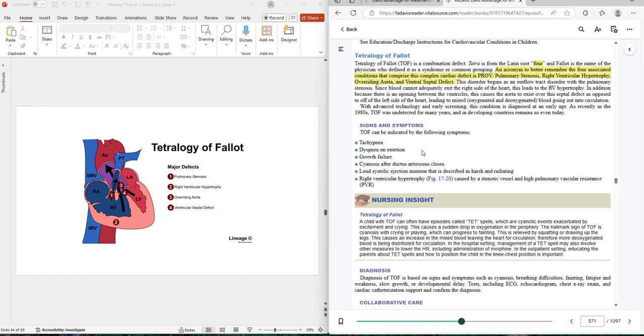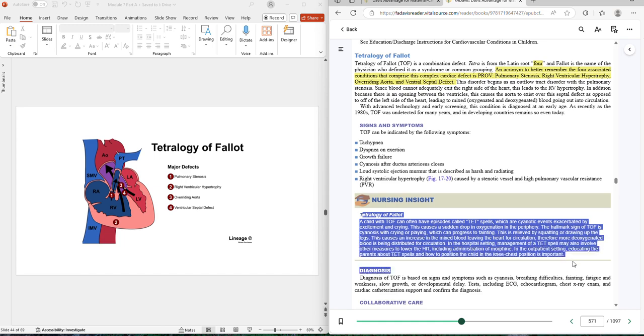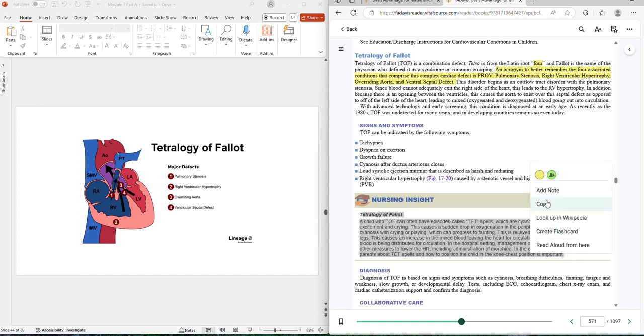These are our TET babies. They have what we call TET spells, winks and lollipops here. They have this, the telltale sign of TOF, tetralogy of Fallot, is them having those TET spells. They get excited, they start crying, and then they become cyanotic. Okay, with the crying or playing, they can pass out.